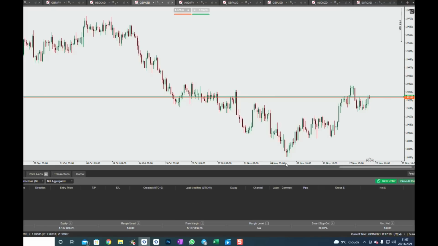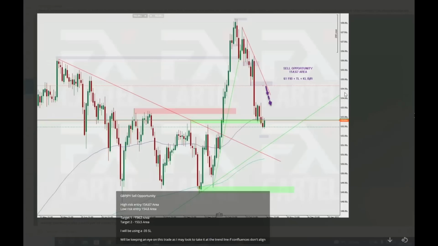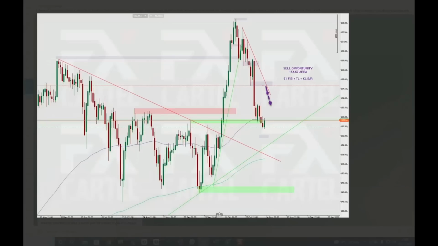But good news, the other opportunity that we had on record was this one, GBPJPY. So this sell here was bang on line with inflation data for the UK on Wednesday. We saw some erratic moves at the start of the week.